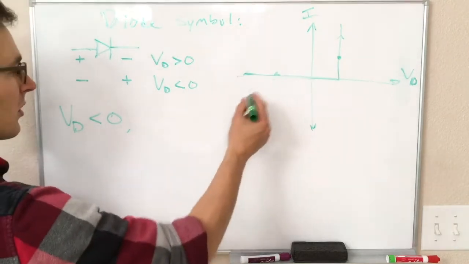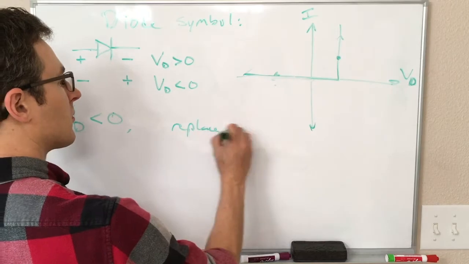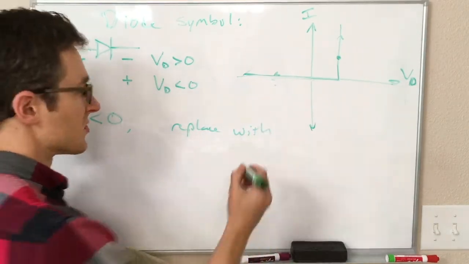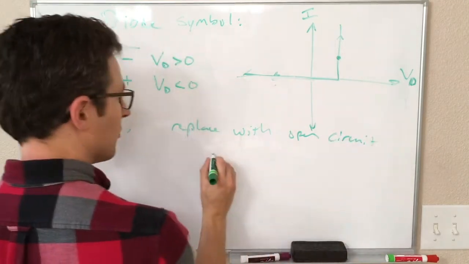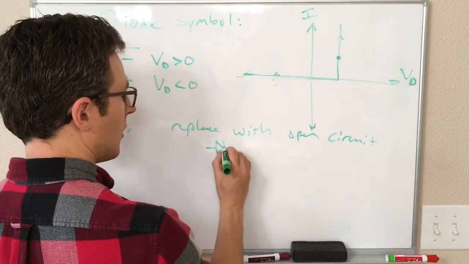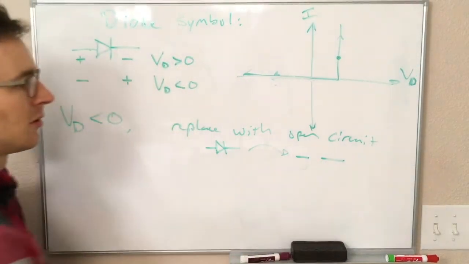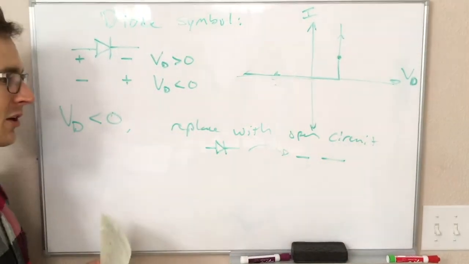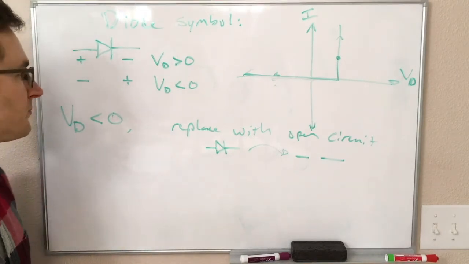We know we're going to have no current flowing, and we can replace our diode with an open circuit, meaning that we can replace our diode symbol with just a gap between two wires, and we're not going to have any current flowing, and that might make our circuit analysis a lot easier.